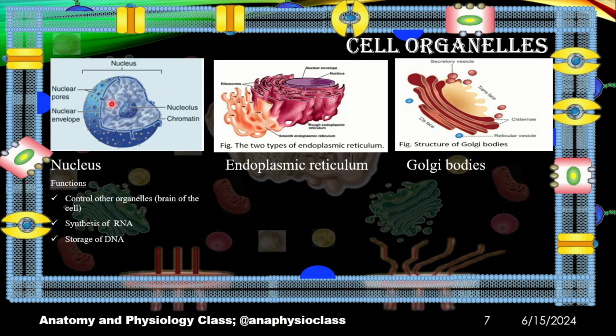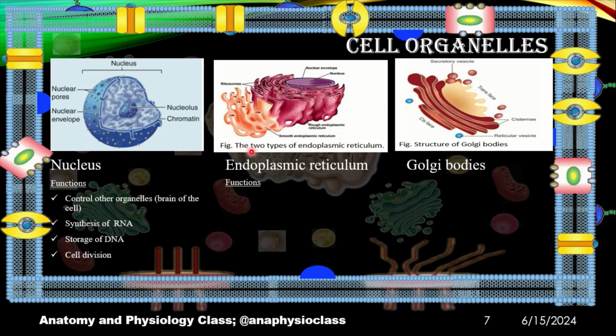Then storage of DNA. The genetic makeup of the cell is stored inside the nucleus, here in the chromatin, which is the peripheral part of the nucleus. Then cell division. The nucleus is responsible for dividing the genetic makeup of the cell into two equal halves, thereby giving rise to the daughter cells.